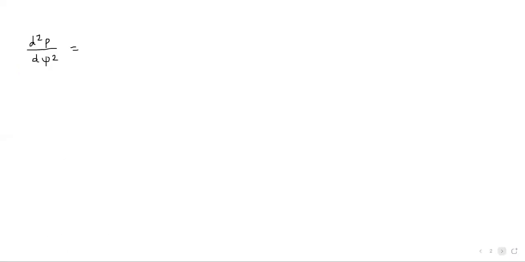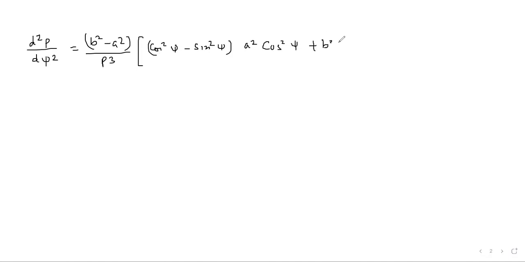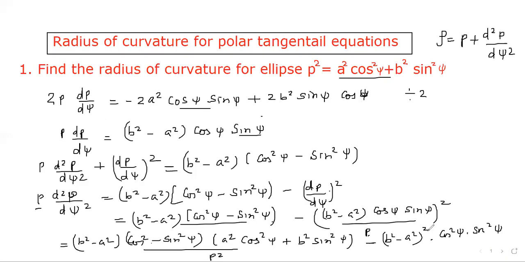So we can write it as (b² − a²)/p³ times (cos²ψ − sin²ψ)(a² cos²ψ + b² sin²ψ) minus, since it was (b² − a²), one (b² − a²) will be left.